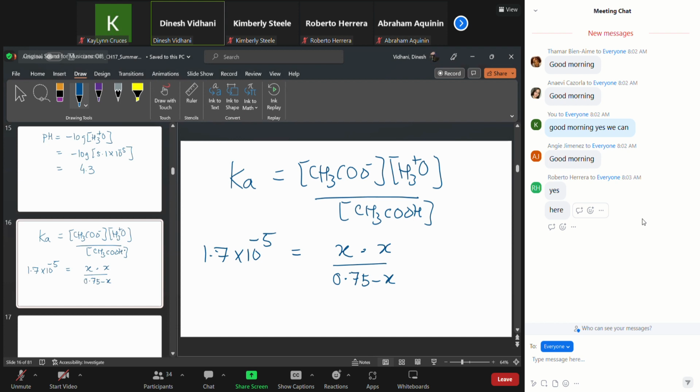Now, if I solve this just the way we did before, I think that 0.75 is way bigger than x, so I can ignore x in the denominator.